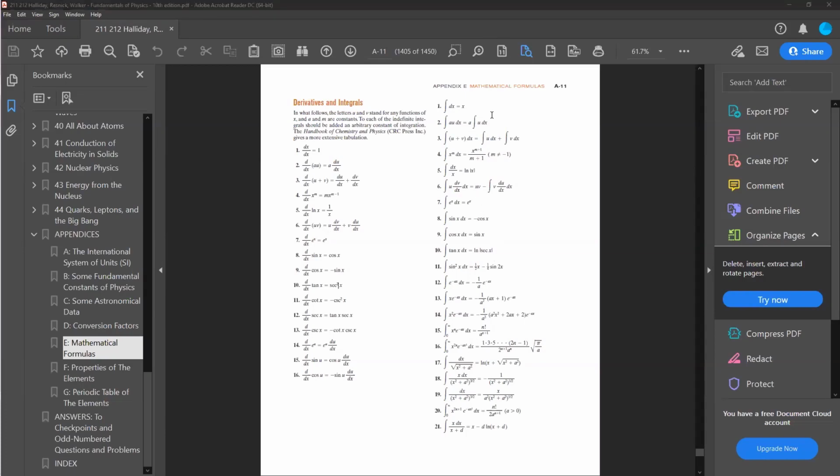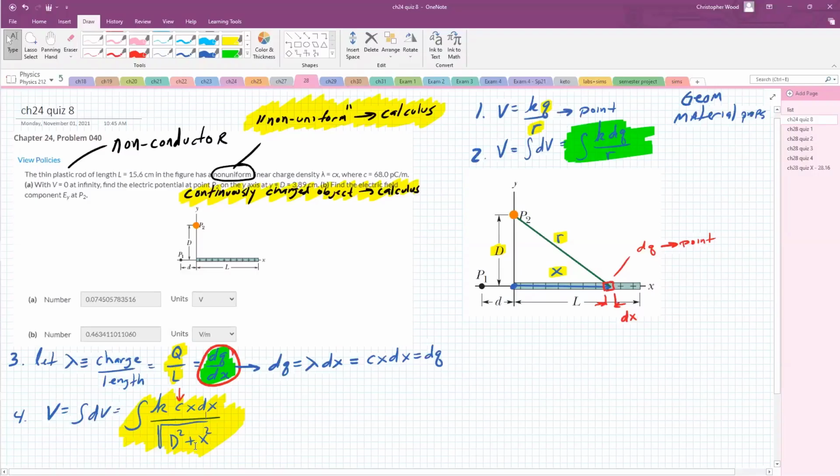I'm not seeing our integral. So if you're not seeing your integral here, you know what it means. It means that your prerequisite skills are going to be enough.